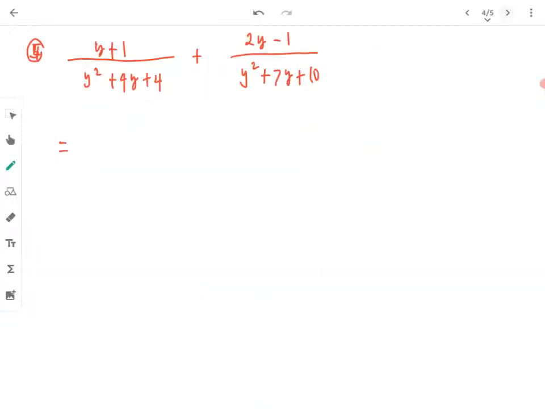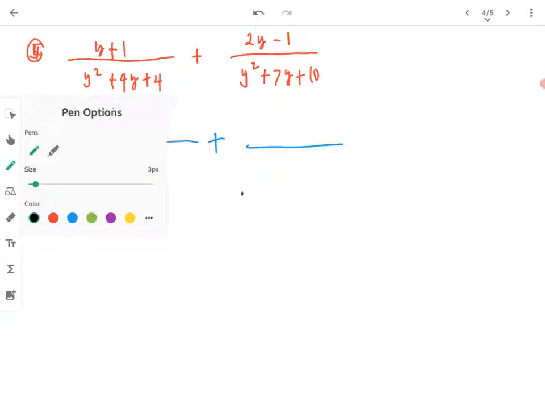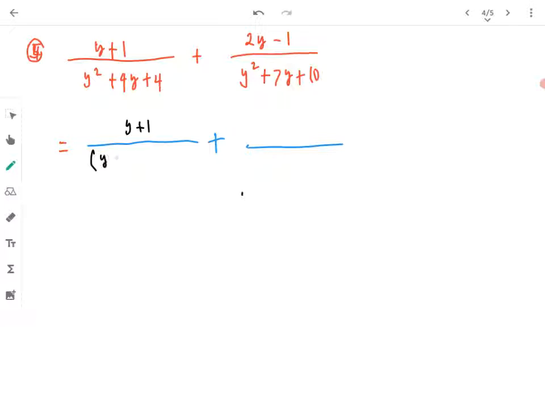Number 5. So in number 5, let's try to factor. This can be factored as y plus 2 squared. To make it not confusing, let's write it as y plus 2 times y plus 2. Then this one can be written as y plus 2, y plus 5.